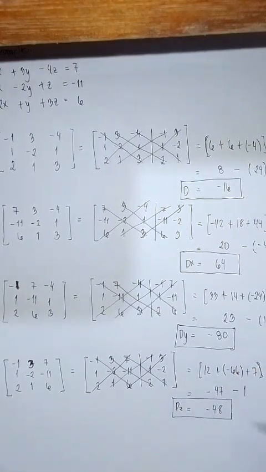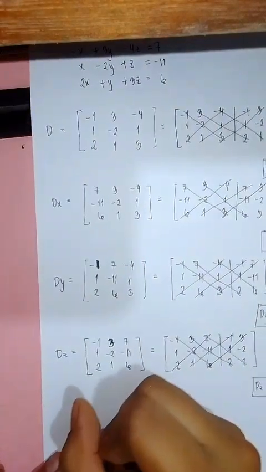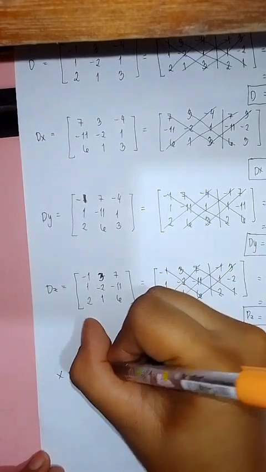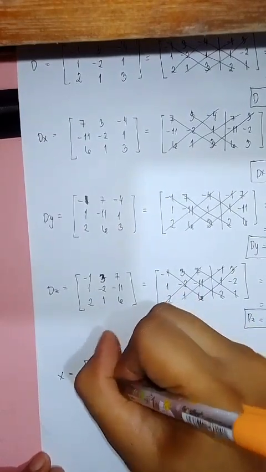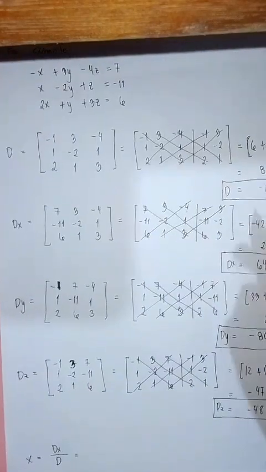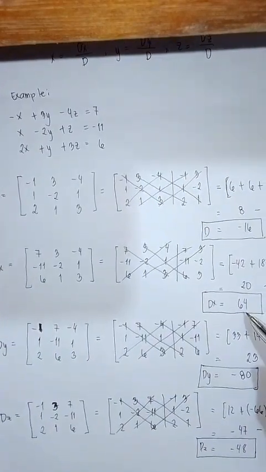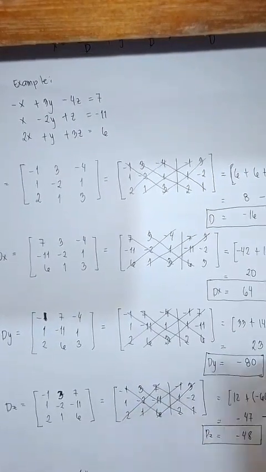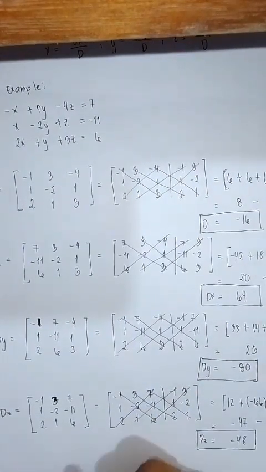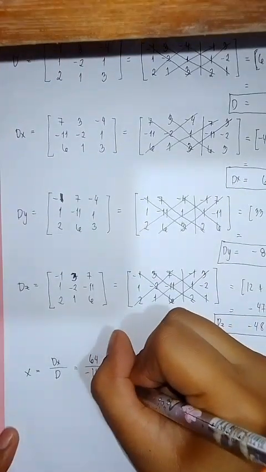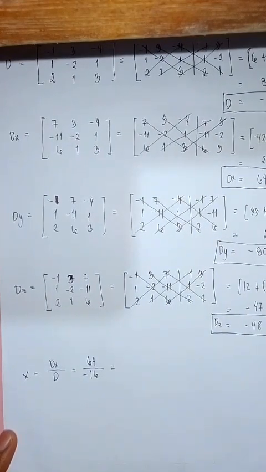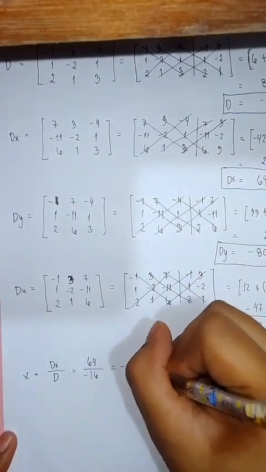Now let's find the value of x. Our x is equal to D sub x over D. So our D sub x is 64 and our D is negative 16. So 64 divided by negative 16 is negative 4.